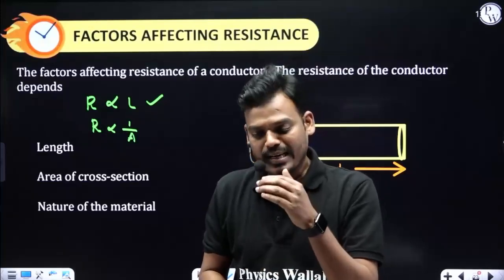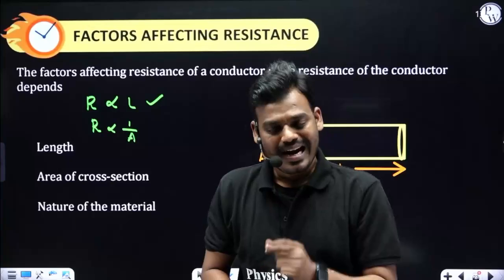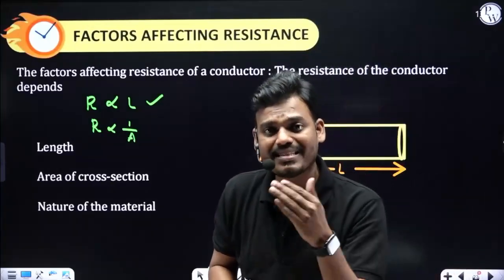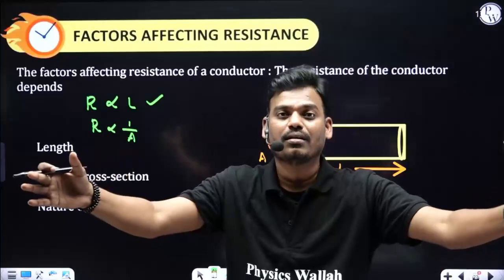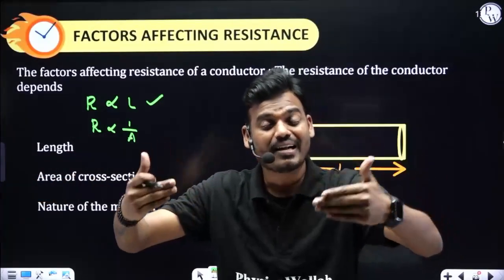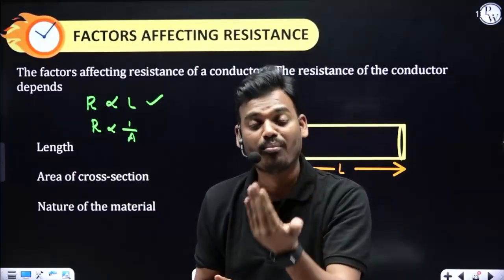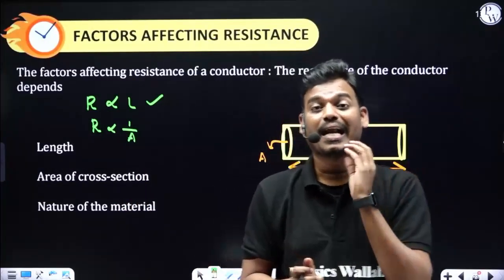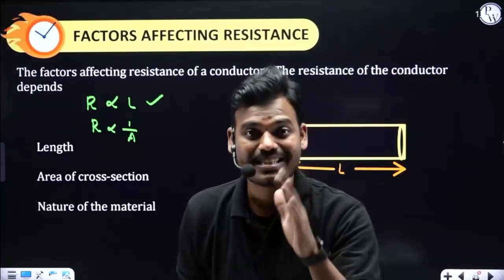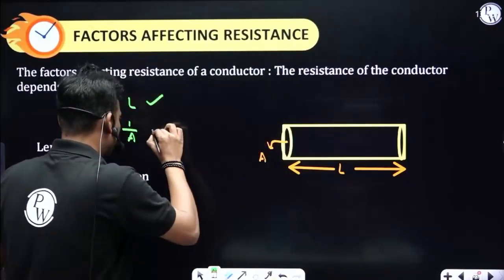If the number of students is the number of electrons, then the number of electrons exiting through a bigger door is directly proportional to the rate of flow of charges. If the rate of flow of charges is more, the current is more. If the current is more, the resistance of the conductor is less, because it is inversely proportional, right? So this is also understood.